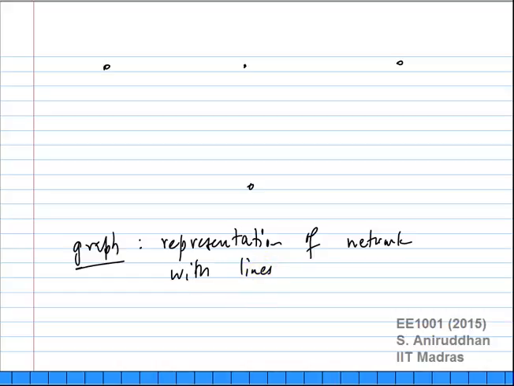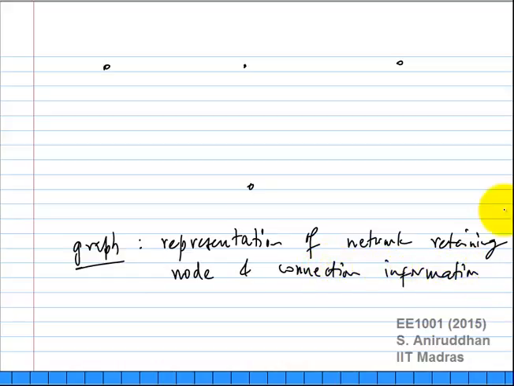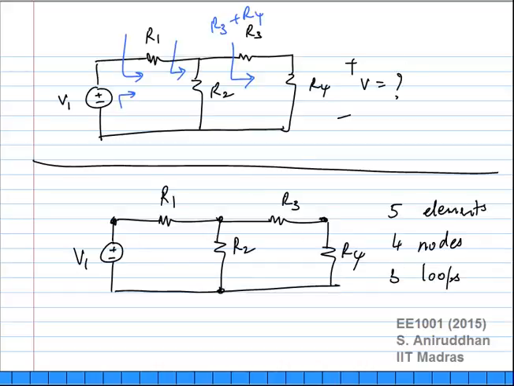So what we'll say is, a graph of the network retains node and connection information. So if I take this previous circuit and try to draw a graph of this particular network, what will that look like?